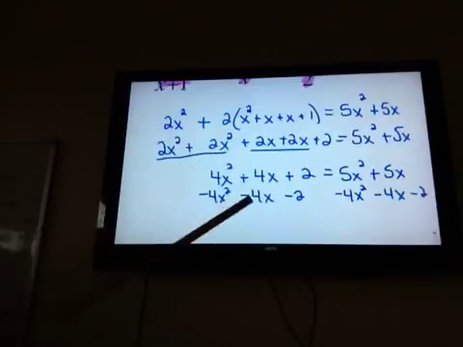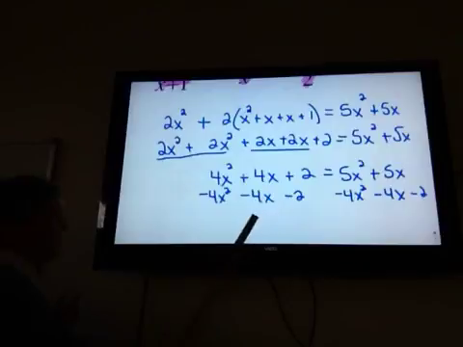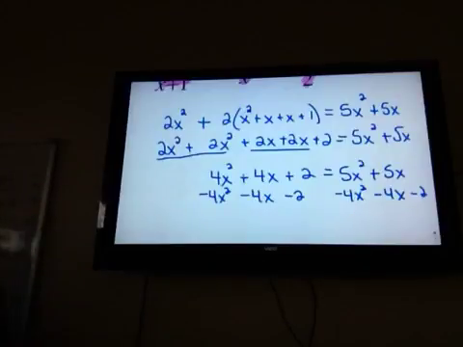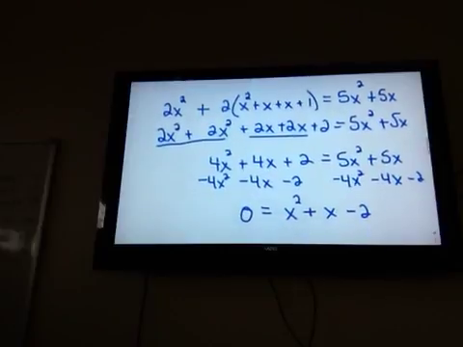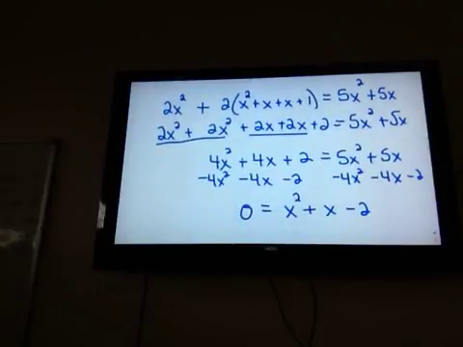I'm hoping that you're just giving 0 equals. You're getting to the point where you don't write all that. So I have 0 equals 5 minus 4 is 1x squared. 5 minus 4 is 1x. And then minus 2. Same trinomial I just had in the last question.